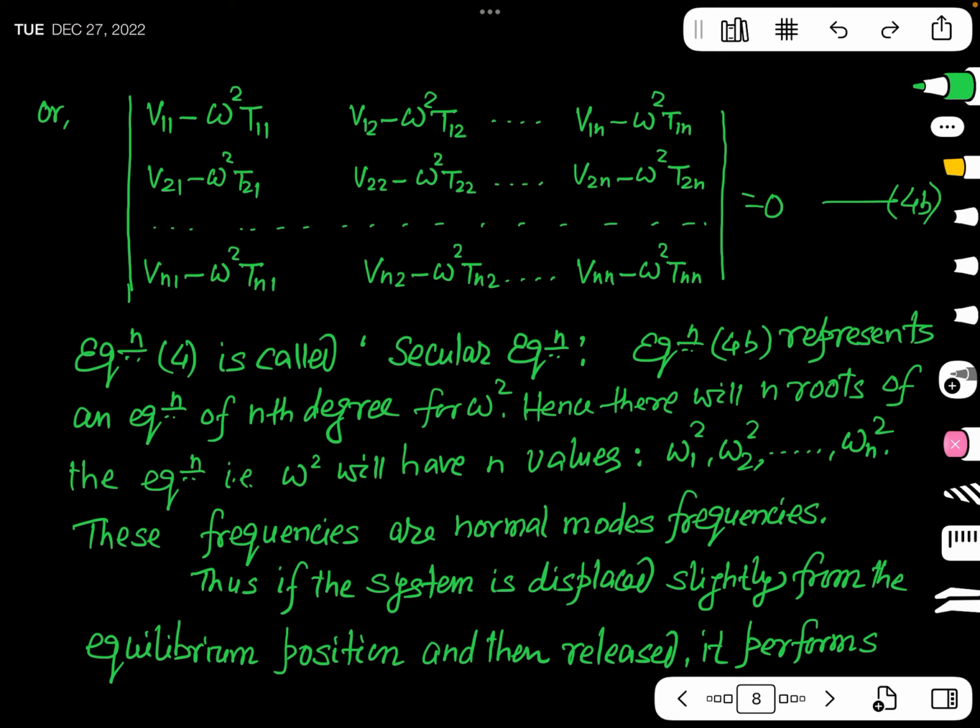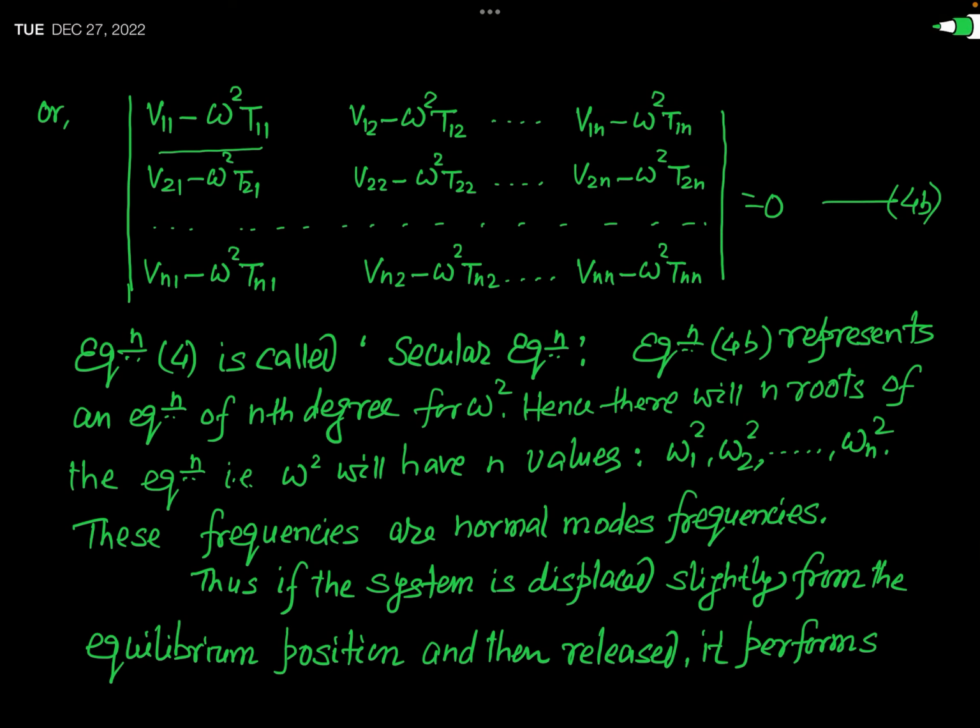You know that this matrix V is actually an n by n matrix, so that equation can be written as V11 minus omega square T11, V12 minus omega square T12, and so on, V1n minus omega square T1n, and similarly the nth row will be Vn1 minus omega square Tn1, Vn2 minus omega square Tn2, and so on, Vnn minus omega square Tnn, equal to 0.